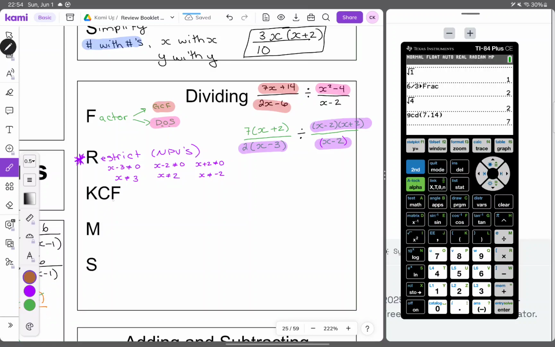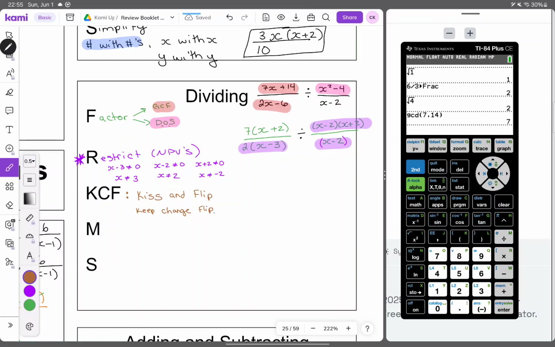All right, then we have KCF. Keep Chewbacca fly, keep change flip, kiss and flip, however you want to remind yourself. I always pronounce it as keep change flip because it tells you your step.